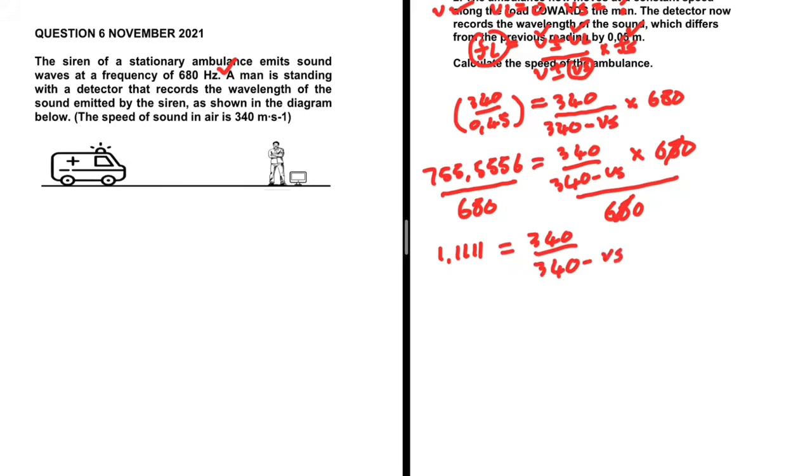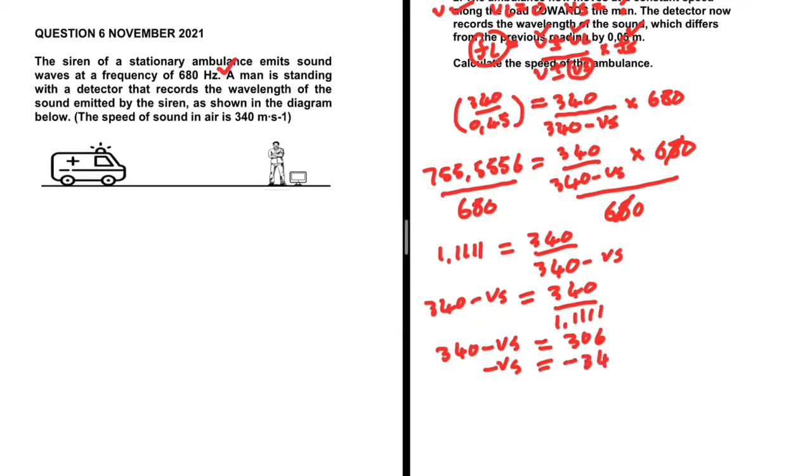So we can rearrange this and have 340 minus Vs being equal to 340 divided by 1.1111. So I'm getting 340 minus Vs being equal to 306. So minus Vs will be 306 minus 340, which is minus 34. If we divide both sides by minus 1, Vs should be equal to 34 meters per second.